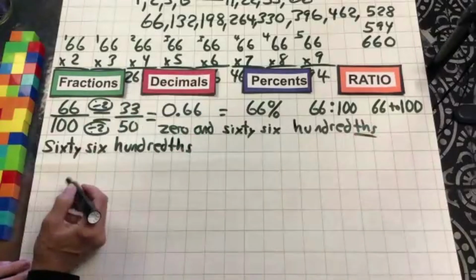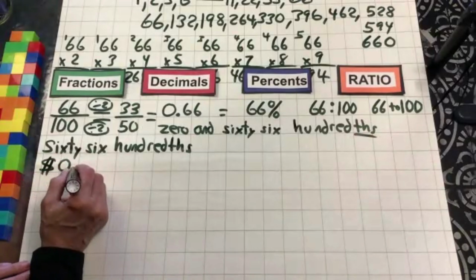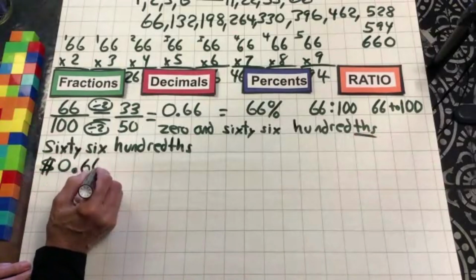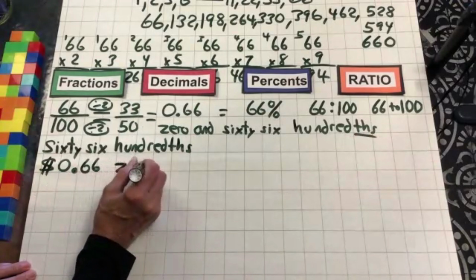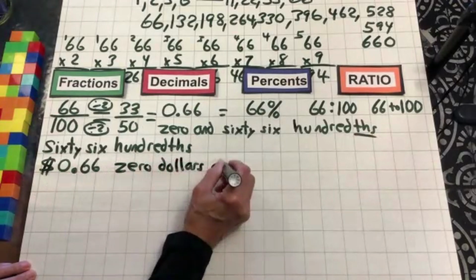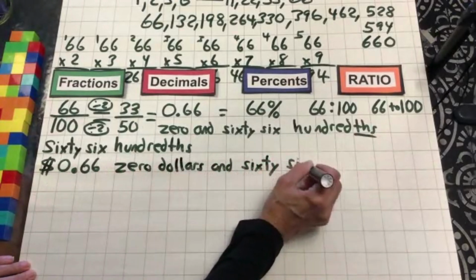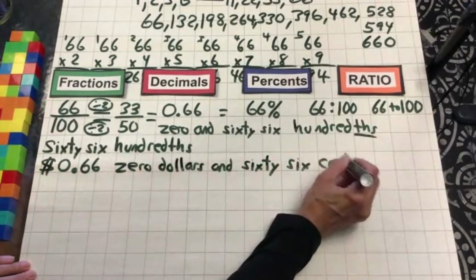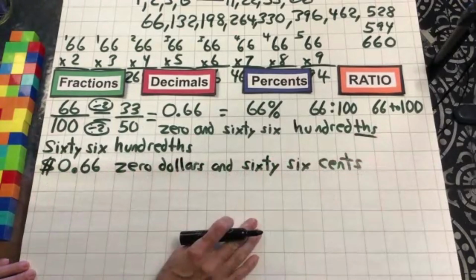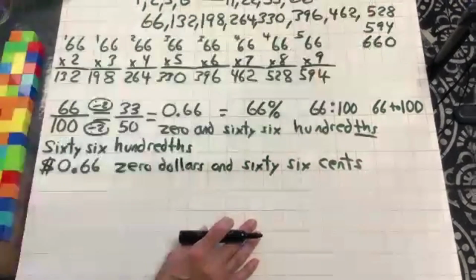Or we're going to take that decimal and put it into our dollar sign, our dollars. So that would be $0.66. We would write $0.66. And we're looking good. So we're done with our partial numbers.